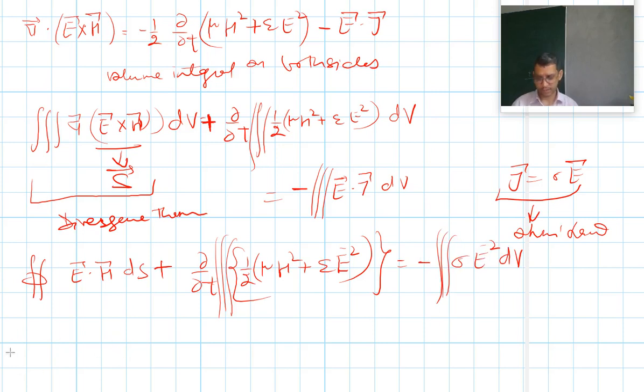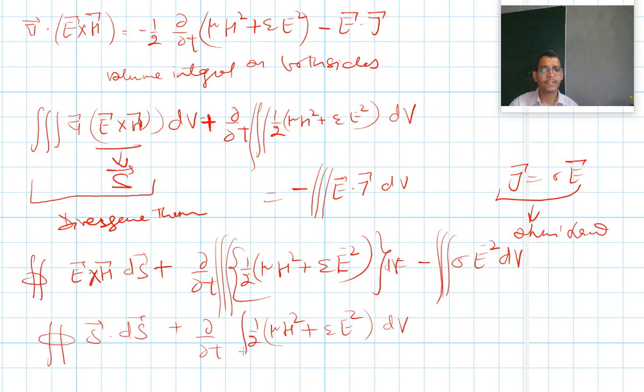So let us put it as S, not E dot, but E cross H. So it can be written as the surface integral of S dot dS plus curly over curly t, and dV will also be there, of 1 by 2 mu H square plus epsilon E square dV, its volume integral, is equal to minus sigma E square dV.